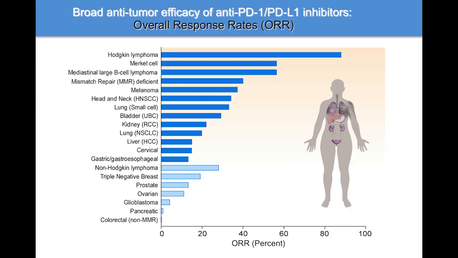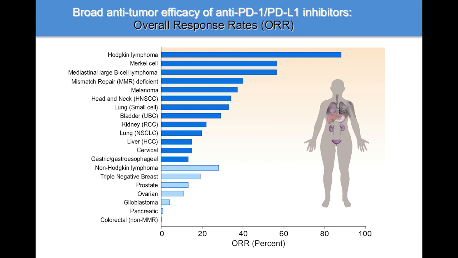And as you know, this has translated to therapy with impressive success. PD-1 or PD-L1 inhibitors have now been approved by the FDA for over 14 different tumor indications, and this has stimulated great excitement in the field.